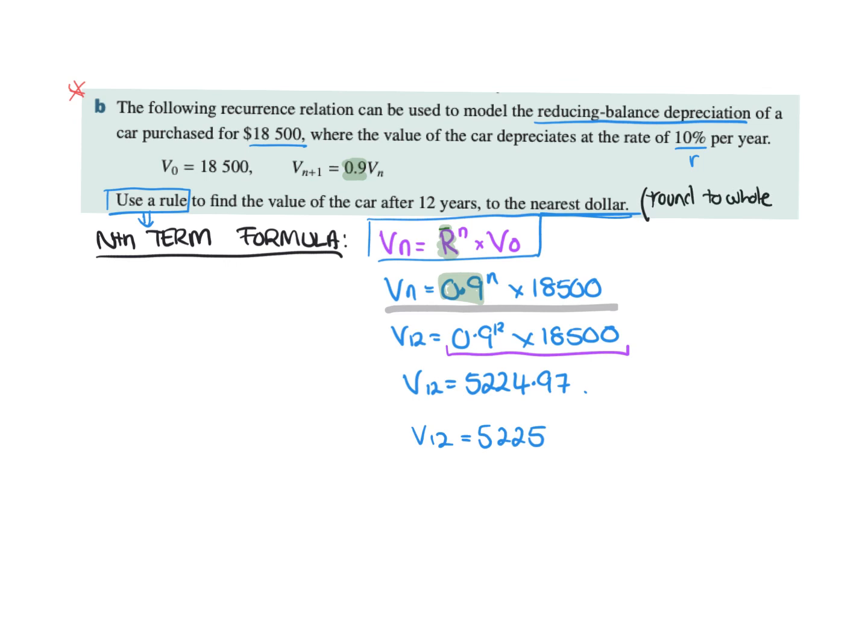So it means no decimal places. Okay, whole number, no decimal places. So there's your answer there. Otherwise, if they don't say anything about to the nearest dollar, you would put it to 2 decimal places. It's automatically assumed that you know to put it to 2 decimal places.